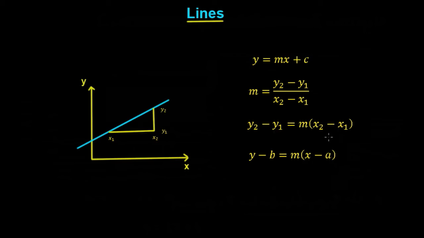So the value of our x1 will be a, and the value of our y1 will be b. So we're simply left with this equation, y minus b equals m times x minus a. So we can use this in order to find the equation of a line given a point on the line and the gradient. The gradient is given by m and the point is given by a, b. So a is your x and b is your y.